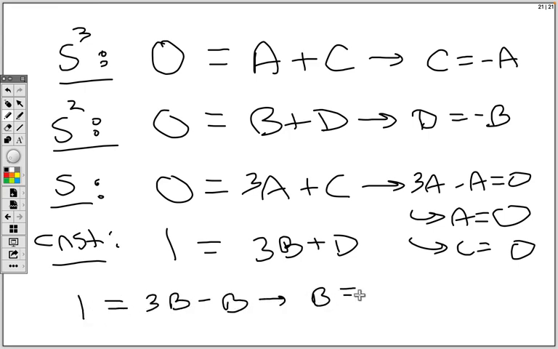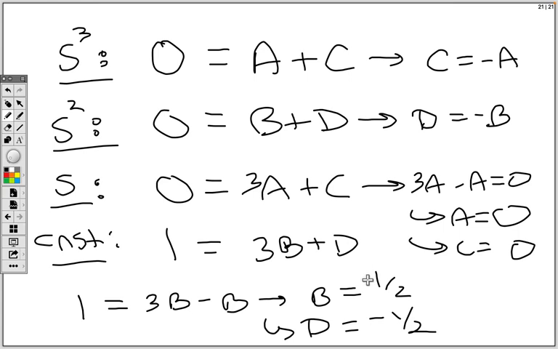This gives us b is what? A half. And since d is minus b, that means d is going to be minus a half. All right, so you get these equations, and hopefully you remember these from either earlier in this semester or back to your calculus class. But there you go.